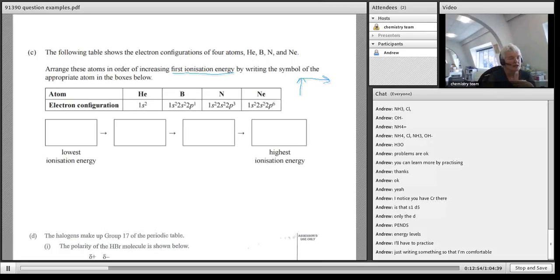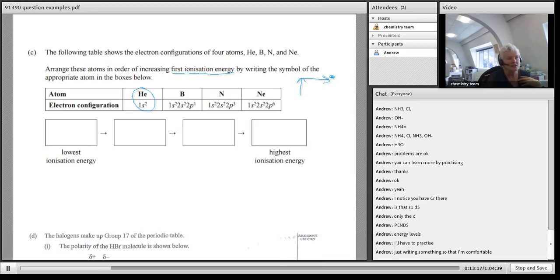So you've got to decide what is most on the right, what is most on the left, what is most on the bottom. So this one is, I hope you realize, is over there. What I'm trying to draw on that right-hand side corner is where we'd find it on the periodic table.